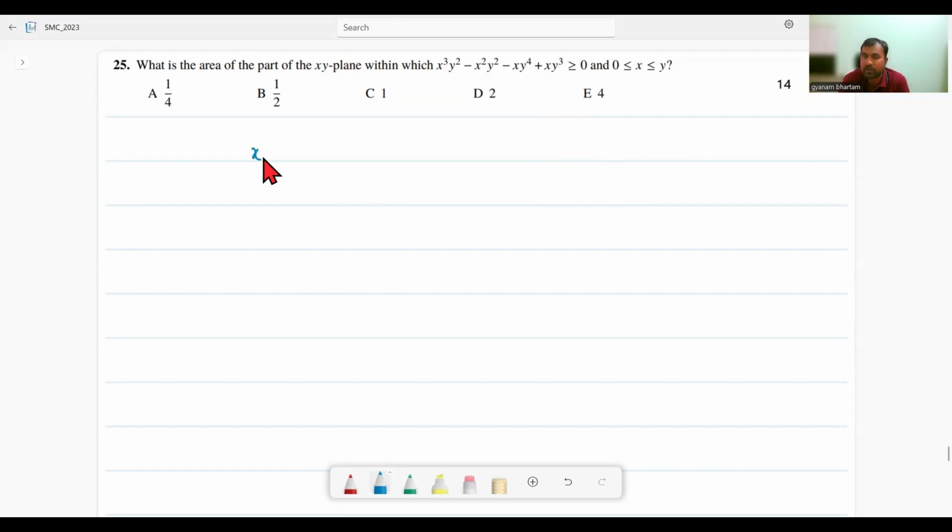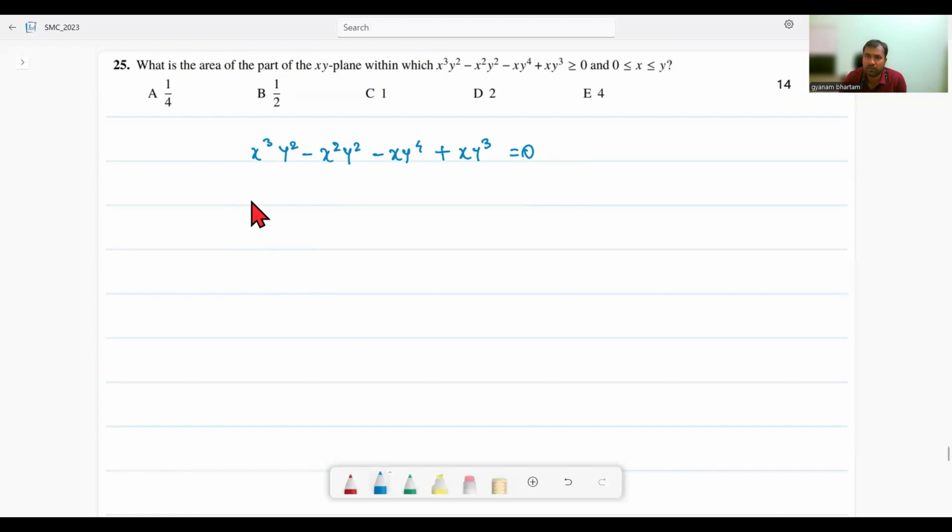Okay, we have to locate this region in the coordinate plane if we can. So x cube y square, x square y square minus xy to the fourth plus xy cube. Let us assume it's equal to 0 and we'll solve this, we'll factorize, we'll draw the line, we'll observe when it is greater than 0, when 0, x and y, 0 is less than x less than y. Means x and y should be positive, but x should be less than y.